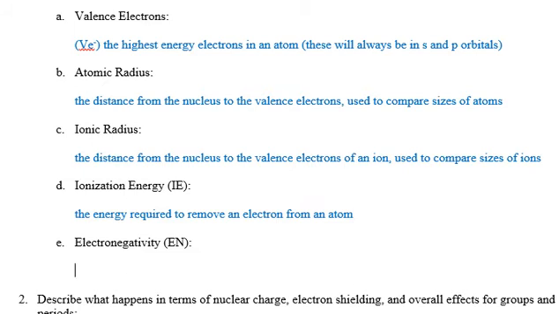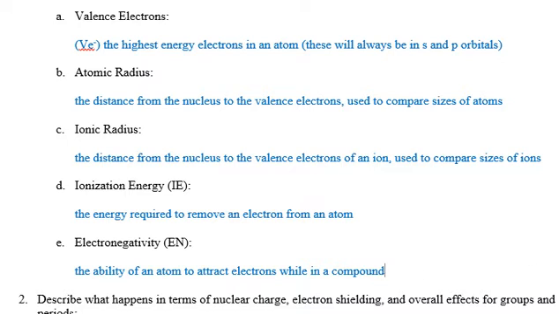Electronegativity is the ability of an atom to attract electrons while in a compound. So the only elements that do not have an electronegativity are going to be the noble gases because of this last piece, while in a compound. Noble gases don't form compounds, not readily anyway, and so we don't have a way to measure their ability to attract electrons while in a compound because they don't form compounds.